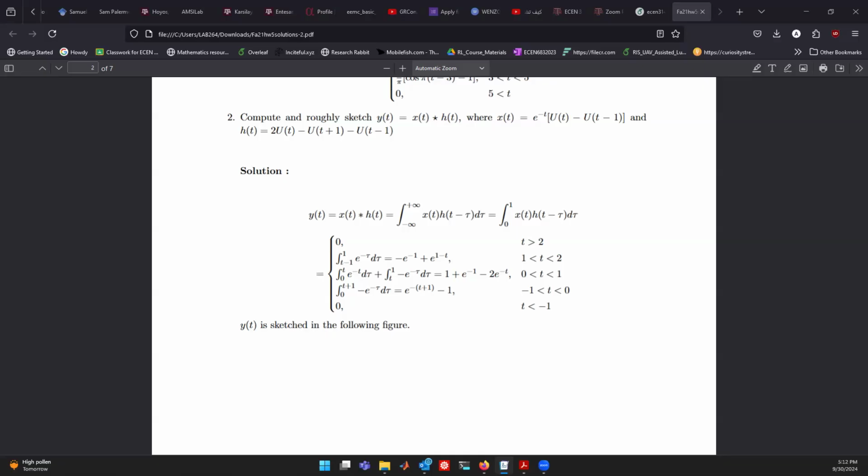This is t, t plus 1, t minus 1. The overlapping will be in this region and in this region. So this one is from 0 to t, where the integrand is multiplied by plus 1, and then from t to 1 it is multiplied by minus 1, because this part is negative.